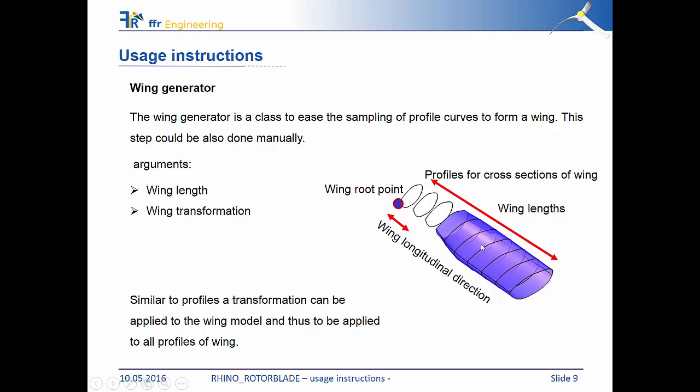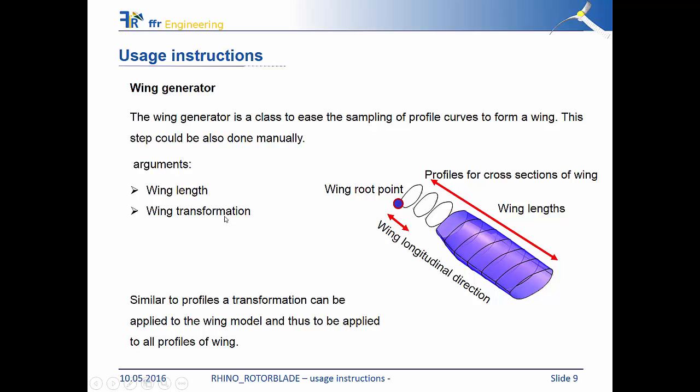So here we have the wing longitudinal direction, and we call it later the X position along the wing. And we also have the wing root point here again, which is in the tip of basically the first cross section added. And then we have again those transformations. Similar to the airfoils, if you look at them separately, the same holds for the wing in total.